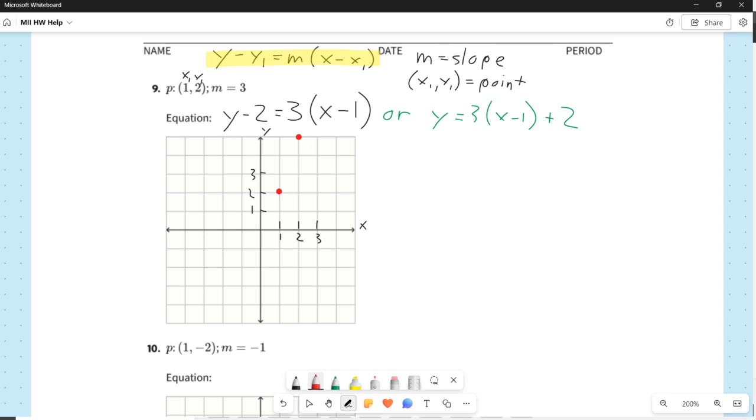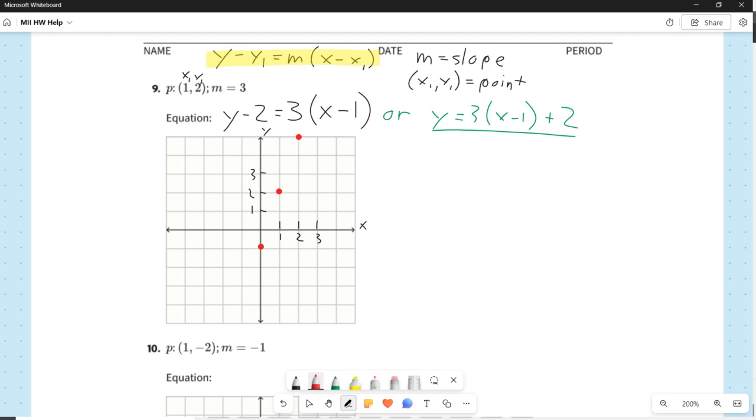From my original point of 1, 2, I can also go to the left. Now, with a positive slope, if you go to the left, it means you're actually also going down, just to make the graph work out. So from 1, 2, if I go down 3 and to the left 1, I'm there, which also happens to be my y-intercept. So this function has a y-intercept of -1. And if you were to simplify this, you would get the -1 as your y-intercept.